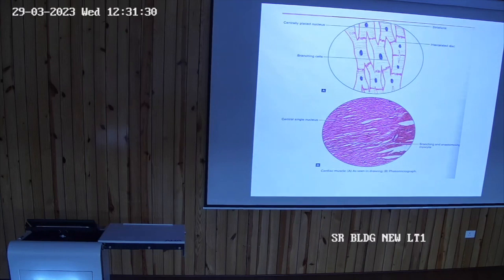Muscle fibers are branched with each other. Third thing, striations. You are seeing the striations here. The striations are also in skeletal muscle. No doubt the staining of the striations is weak, but that is not so important. You will see the striations in both skeletal muscle as well as cardiac muscle. The difference is the branching pattern, and the position and number of the nuclei.